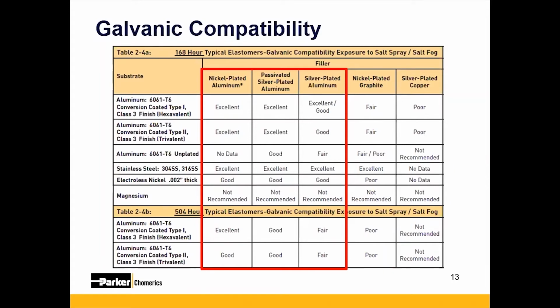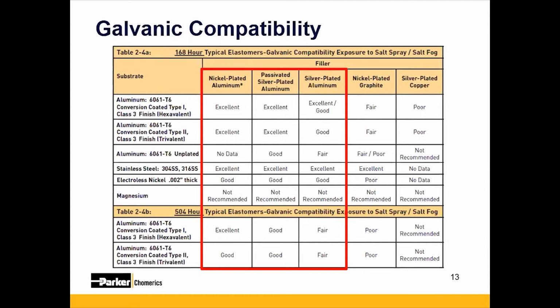When you move down the chart, as you saw in the previous chart, magnesium is a very active material. It's very difficult to gasket a magnesium housing. I know it's very attractive to a lot of engineers because of its low density, but it's just not recommended in conjunction with EMI gasketing.